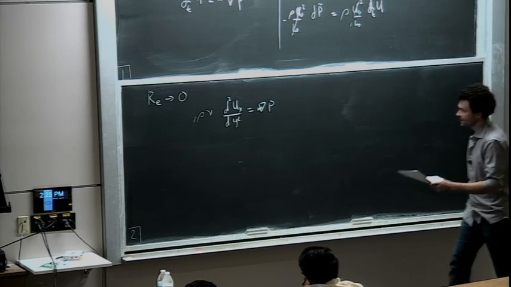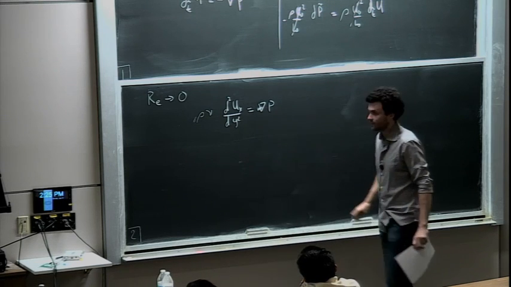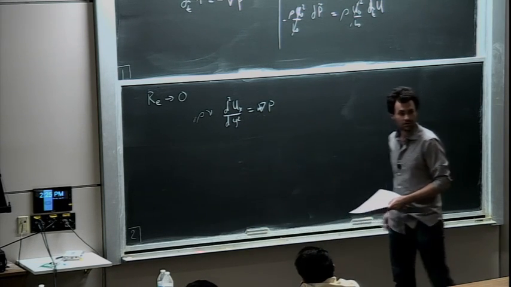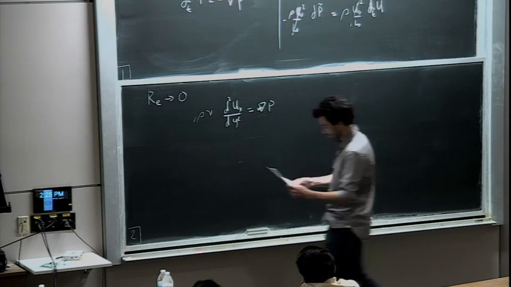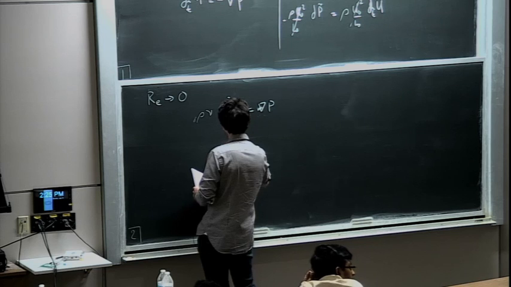Okay, and so this you'll recognize as just a diffusion equation, which is driven by the pressure. It's a linear equation, and so we can just solve it. So we can find solutions.